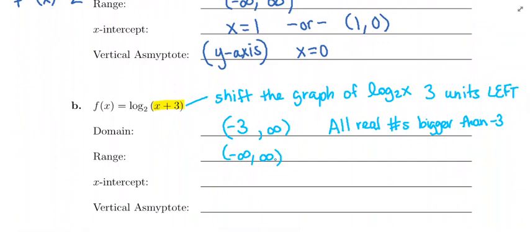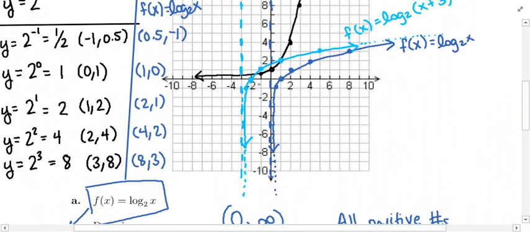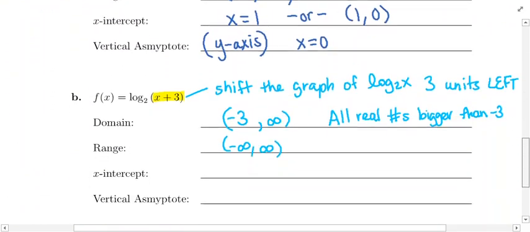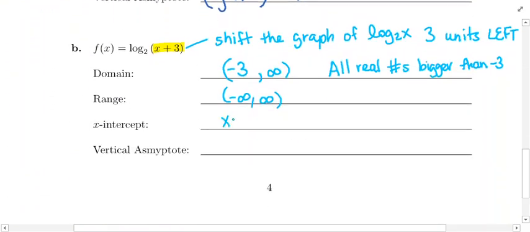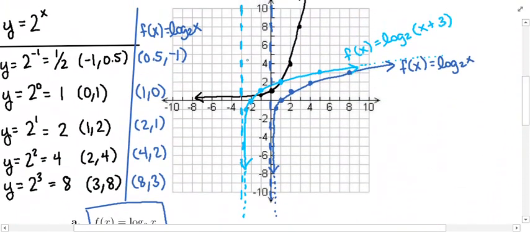All right. The x-intercept, did it move? Well, yes. The light blue graph is crossing the x-axis right here at -2. So we're going to write that our x-intercept is x equals -2, as an ordered pair, (-2, 0). The vertical asymptote has definitely changed. It's the light blue dotted line, going through the point x equals -3.